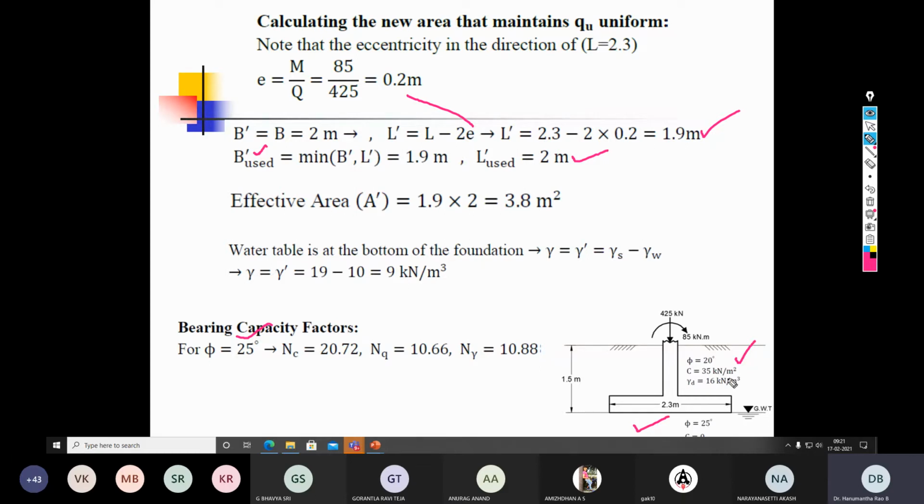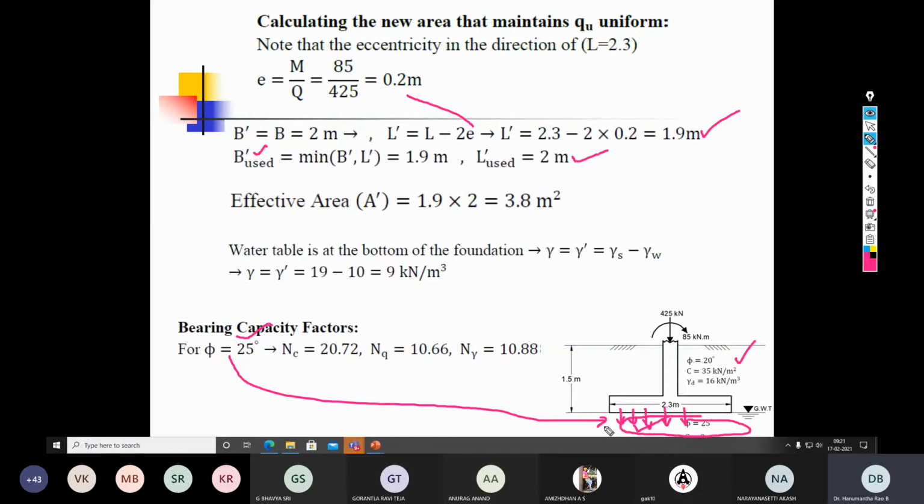Here, what phi value shall be considered for picking up the bearing capacity factors? As I told and am repeating again, the soil which is beneath the footing or foundation level is only subjected to the loading condition, or only this soil experiences the bearing pressure.